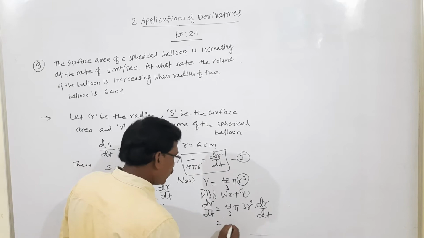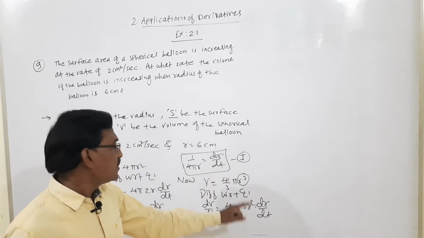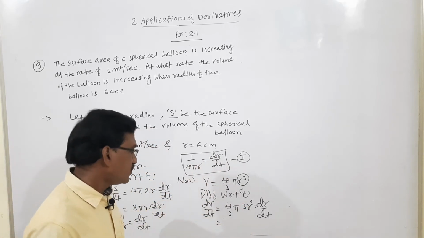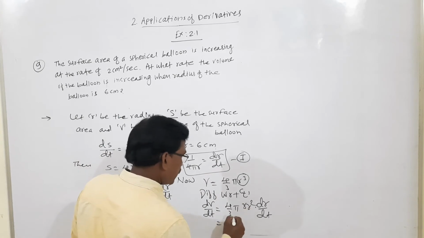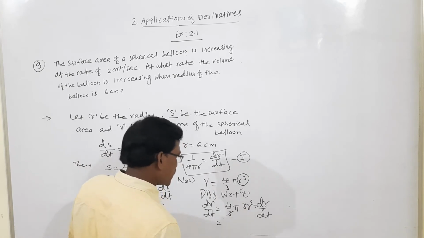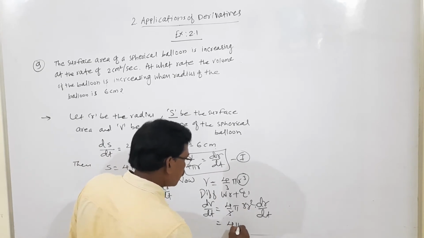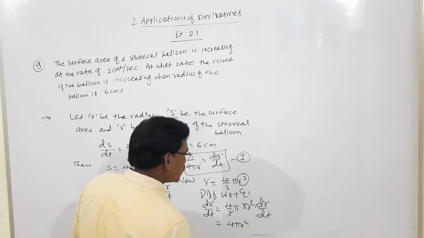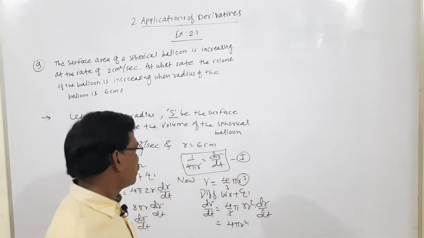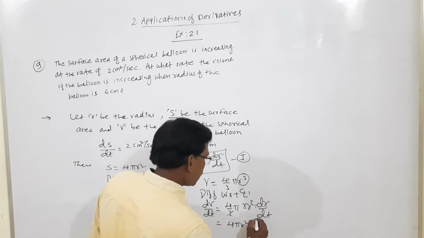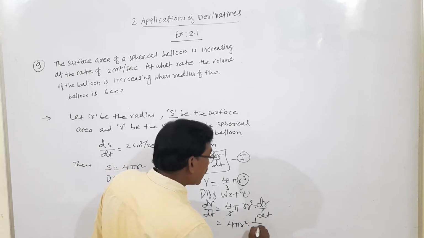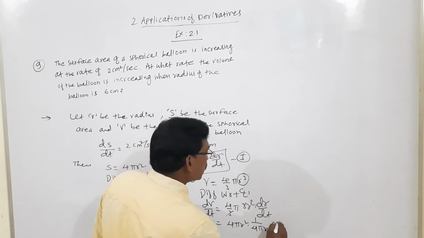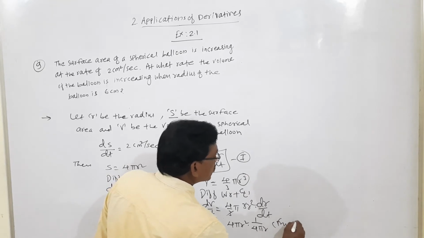We put the value of dr by dt from equation 1 here. First of all the 3 will get cancelled, which gives 4 pi r square into dr by dt, but dr by dt is 1 by 4 pi r from equation 1.